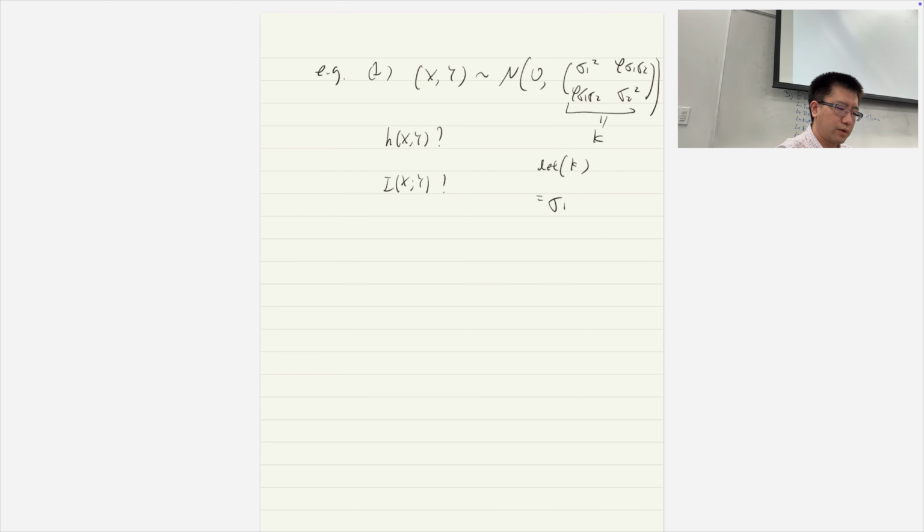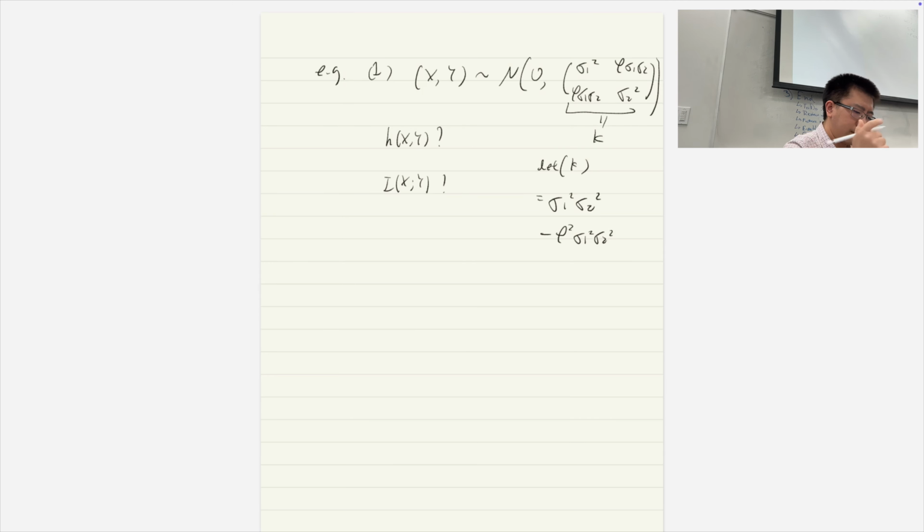It's sigma 1 squared times sigma 2 squared, so the multiplication of the diagonal, minus rho squared sigma 1 squared sigma 2 squared, so minus the multiplication of the off diagonal. So this multiplied by that minus this multiplied by that, right? This is the determinant of a 2 by 2 matrix. Okay, very good. We're going to continue. So just compute it offline. Let me know if you cannot do it.